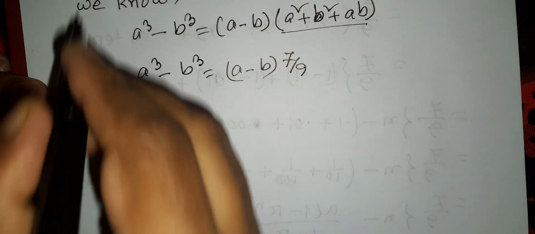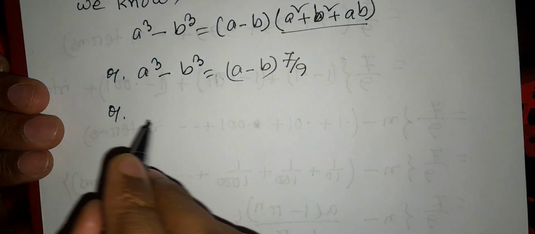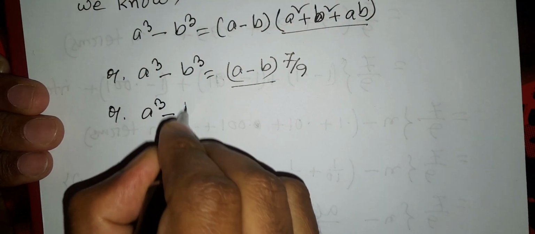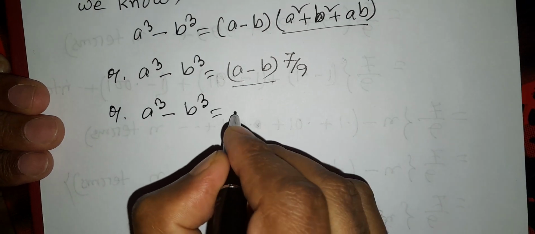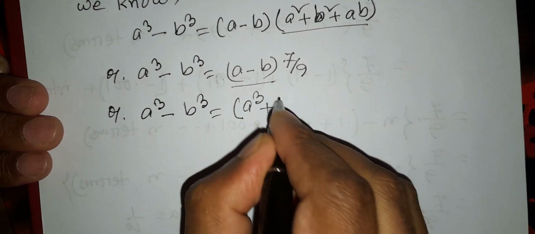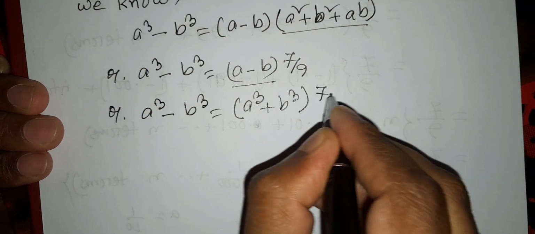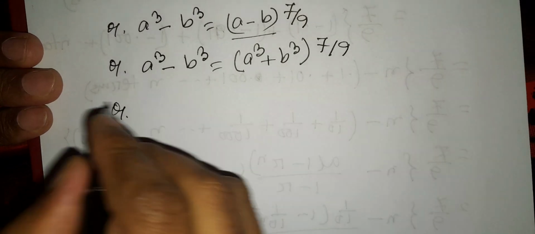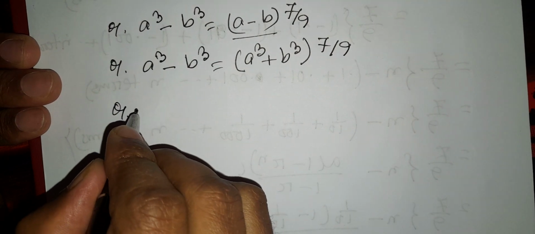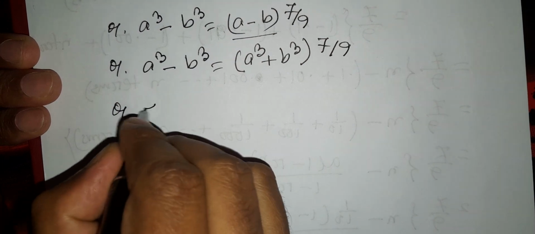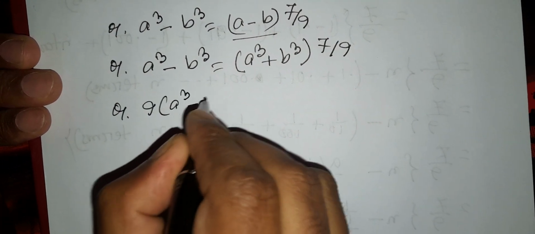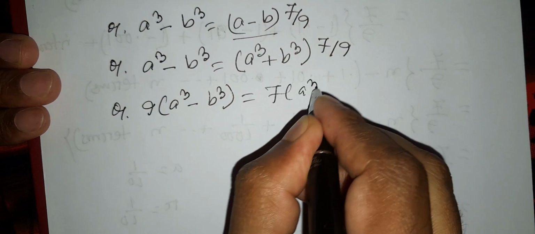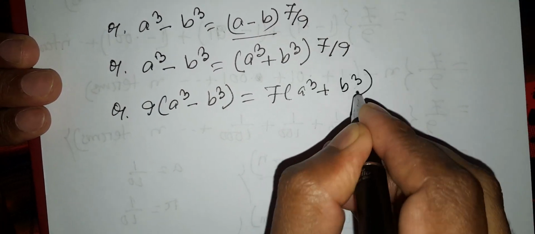And here we can get a minus b from equation 1. So we use this: a cube minus b cube over a cube plus b cube equals 7 by 9. Now we multiply the left hand side by 9, so 9 into a cube minus b cube equals 7 into a cube plus b cube.